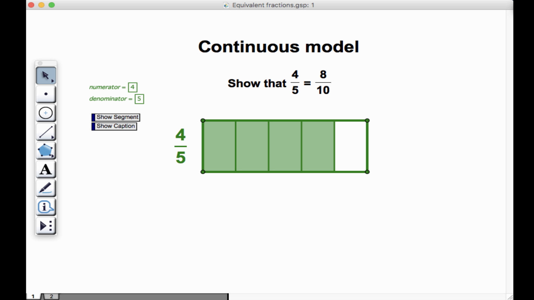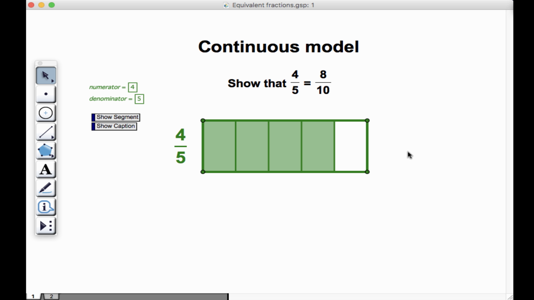So suppose we wanted to show that 4/5 equals 8/10 using a continuous model. I'm using the area of a rectangle here as one continuous model. Continuous is anything that you're measuring. And if you're drawing a picture, length and area work really well for that.